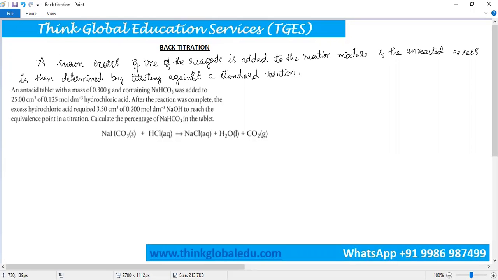So by this means we can determine the strength of an unknown solution by using a standard solution.